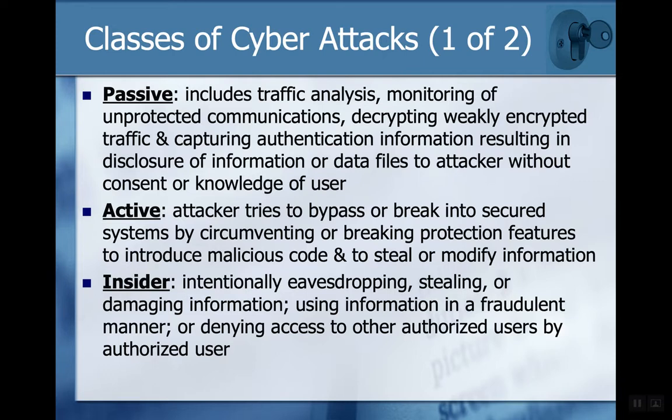Active attacks, basically, the attacker will try to bypass or break into the secured environment, by circumventing or breaking the protection features, the idea of introducing malicious code or modifying information in an environment.